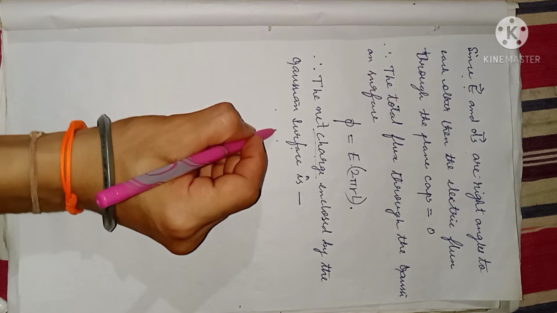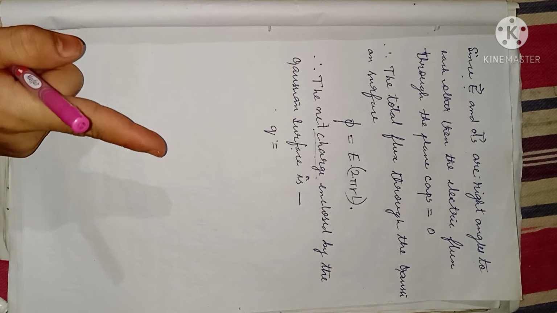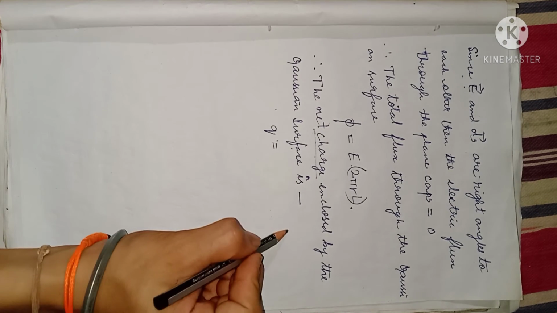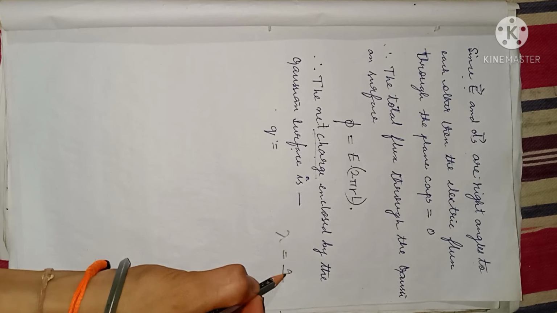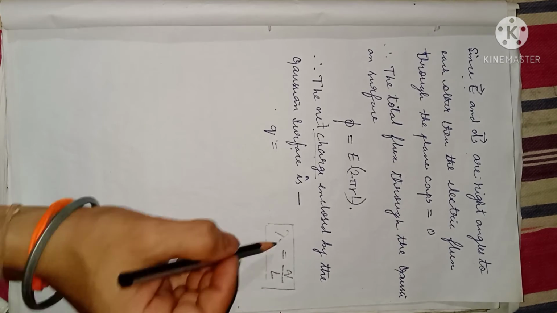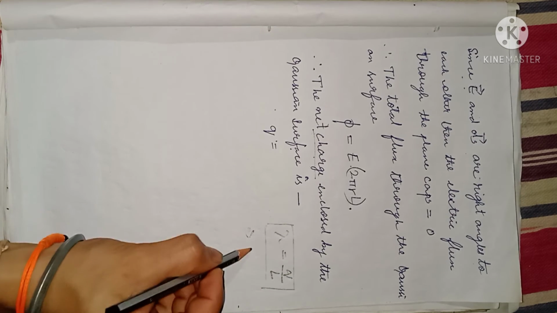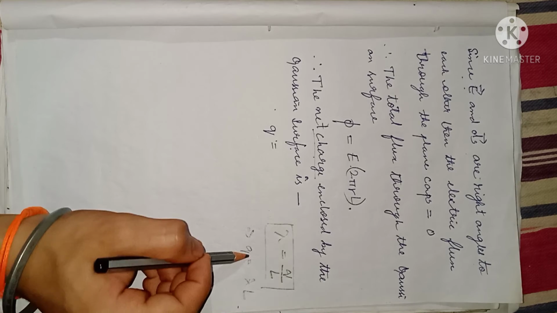So q will be equal to what? One formula you need to remember: linear charge density lambda is equal to q by l, we know, isn't it? If you cross multiply this, then q is equal to lambda into l. This is rough work, okay?